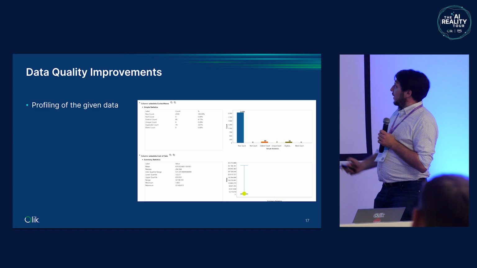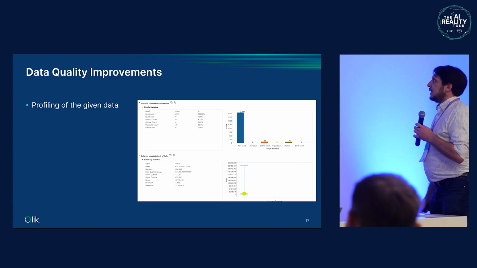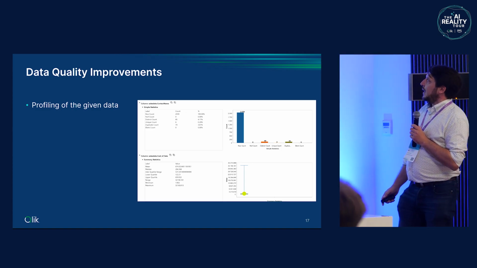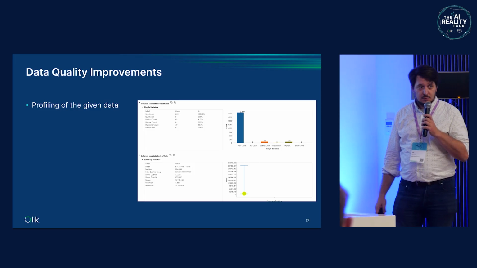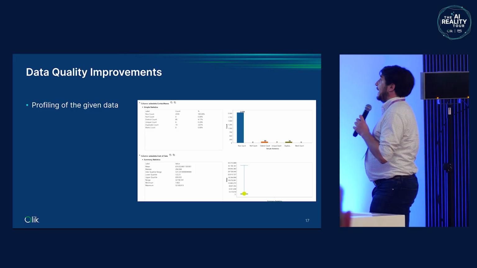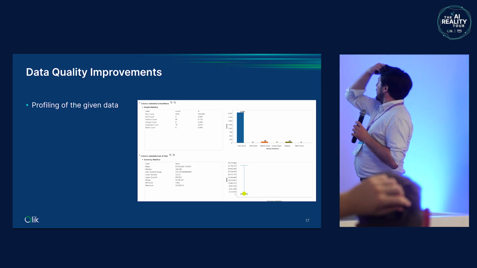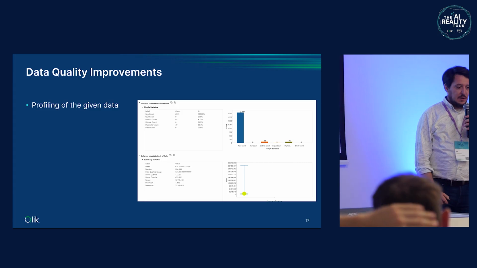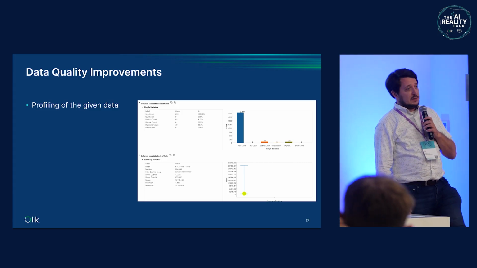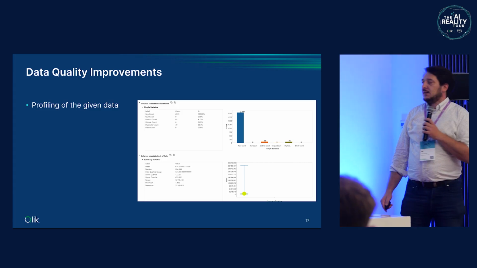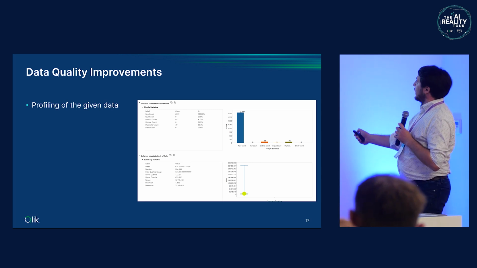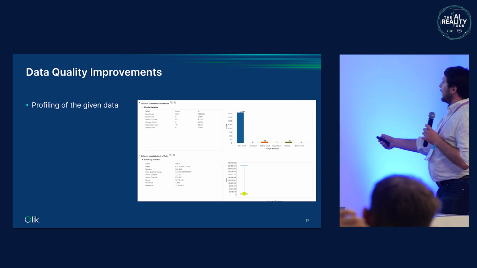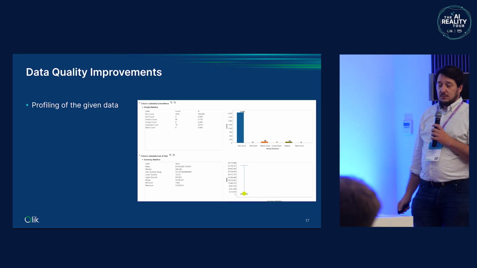And what did we do there? So basically, we made a profile of the data. In the Talend Studio, we can look at every column that we have, and we can apply indicators to them. Might be some basic ones like, I want to know how many rows are there, how many duplicates are there.